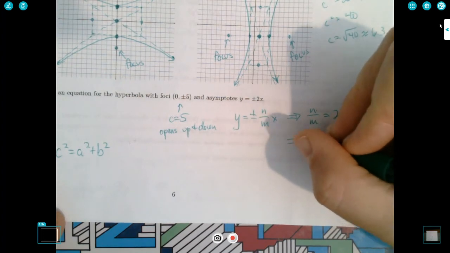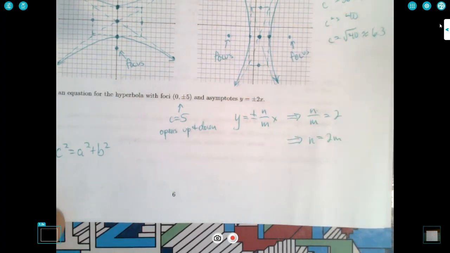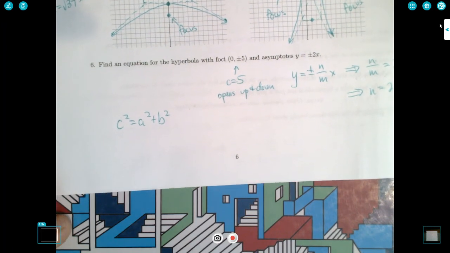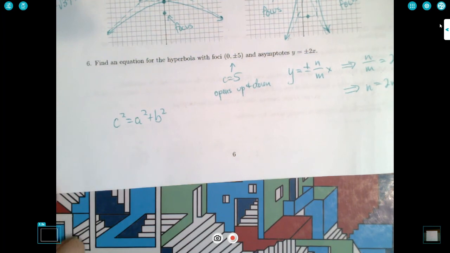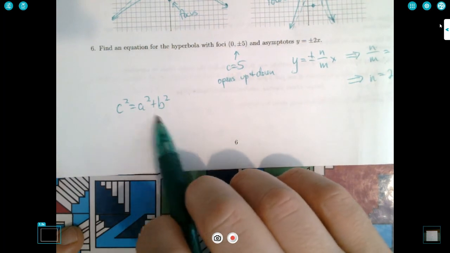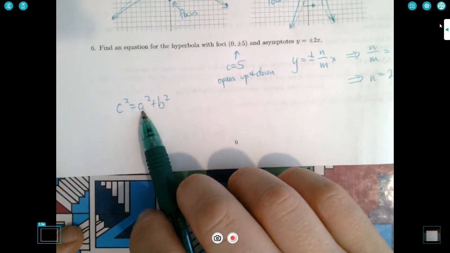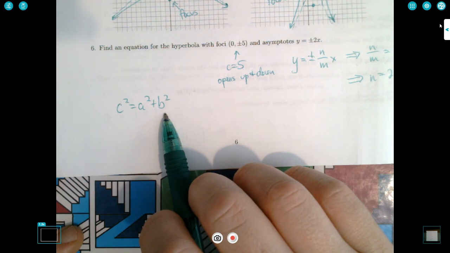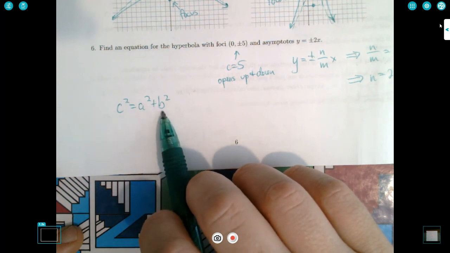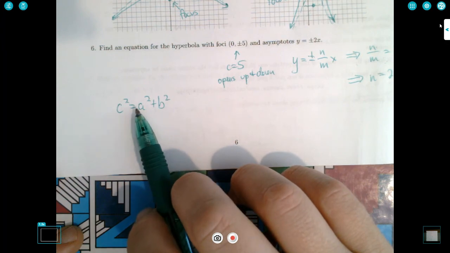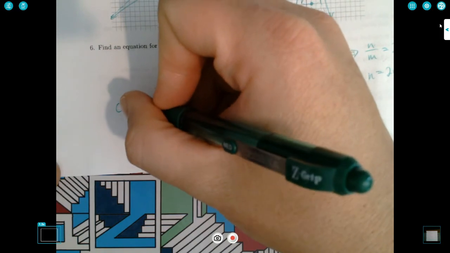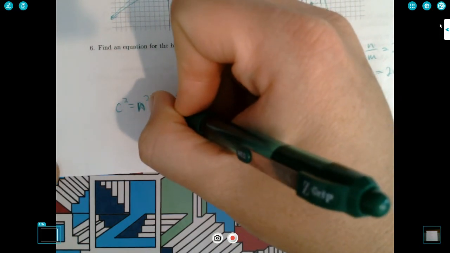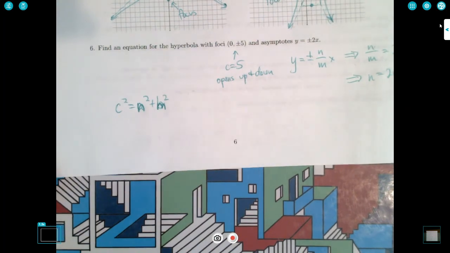Well, n equals 2m. Yeah, it doesn't really matter. If I call a n and b m, I'm going to be putting n squared and 2m squared. If I do it the other way around, I'm going to be putting 2m squared and n squared. So it doesn't matter. In fact, I can replace these with n and m, and it wouldn't make a difference. Okay. Oh, good. That's good.